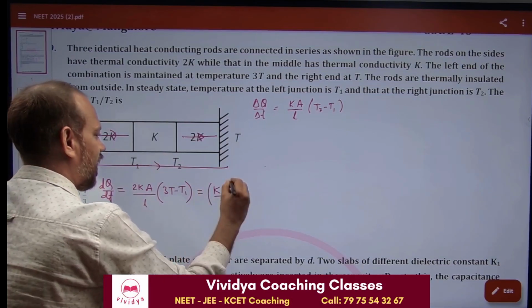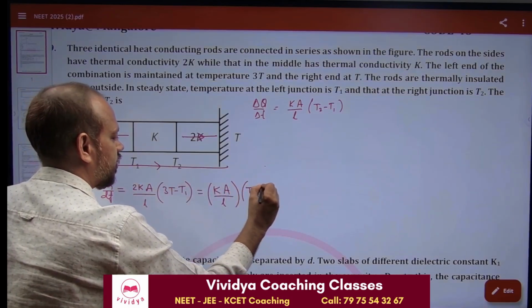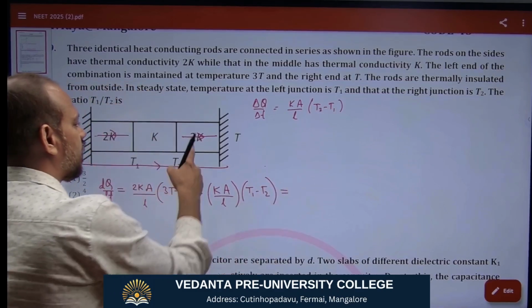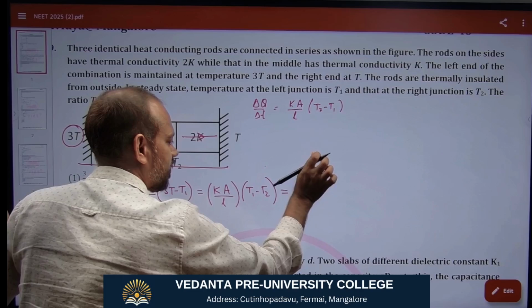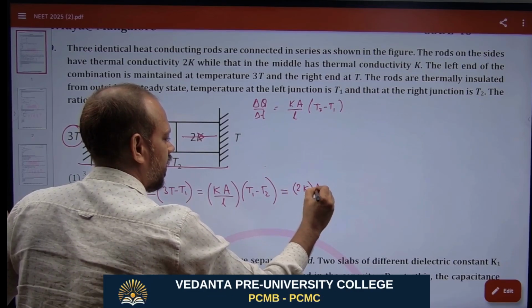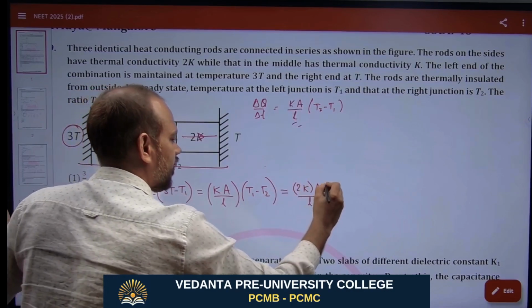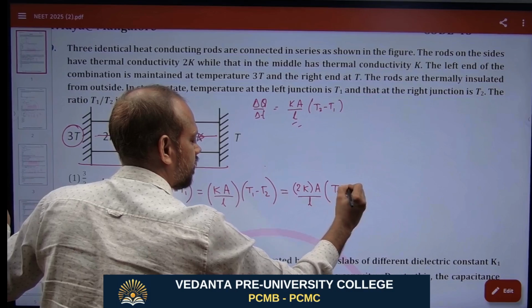Then multiplied by the temperature difference here, which is T1 minus T2. And then that should also be equal to the temperature difference across this junction, which is T2. We'll write here thermal conductivity 2K into A by L, multiplied by the temperature difference here, which is T2 minus T.